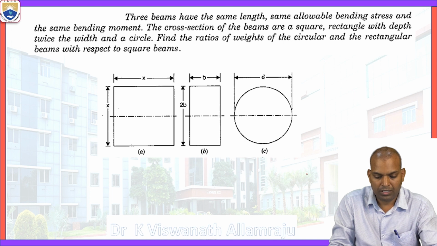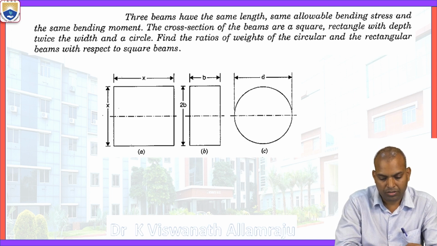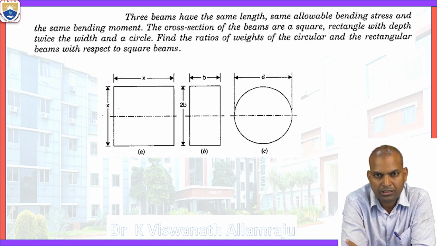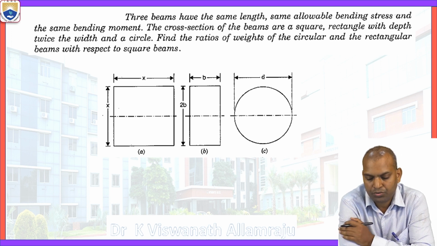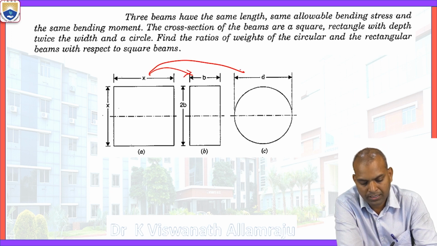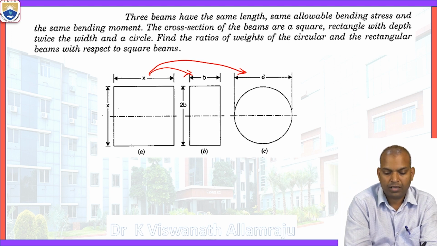Now, there are three sections here. One is a square, another one is a rectangle, and the third one is the circle. We are going to find the weight ratios of circular and rectangular beams with respect to square beams.